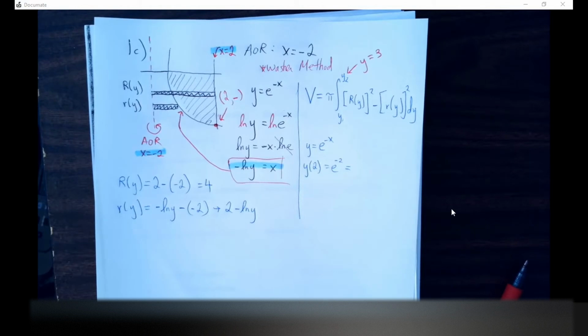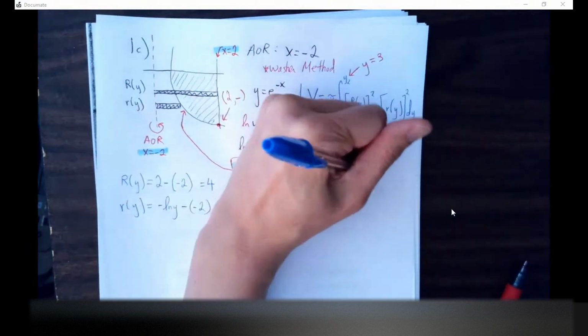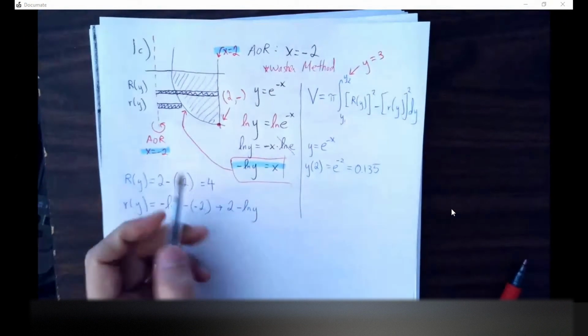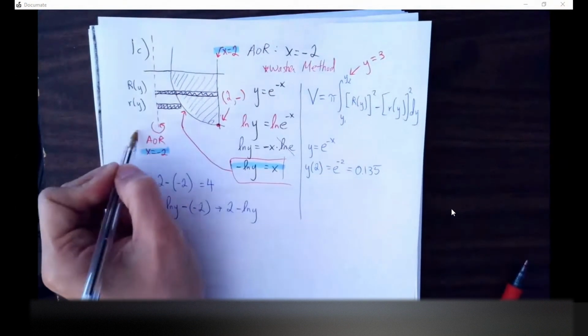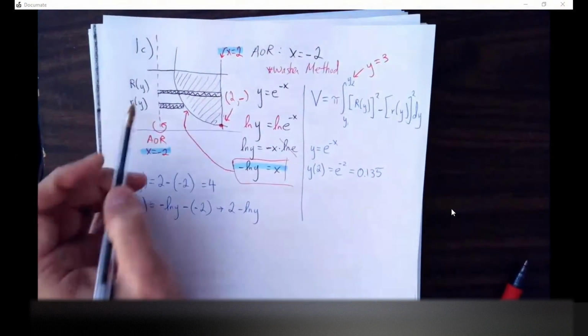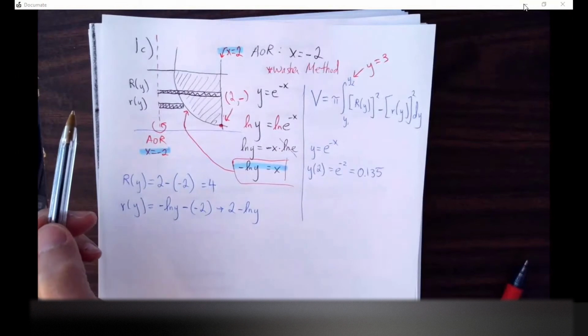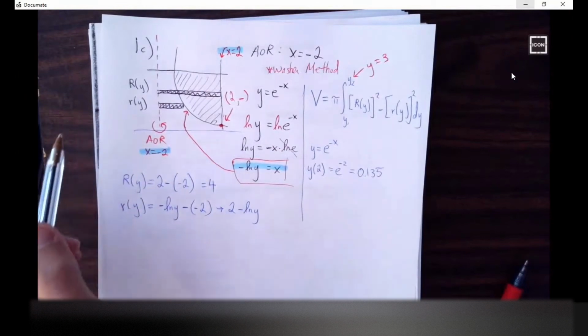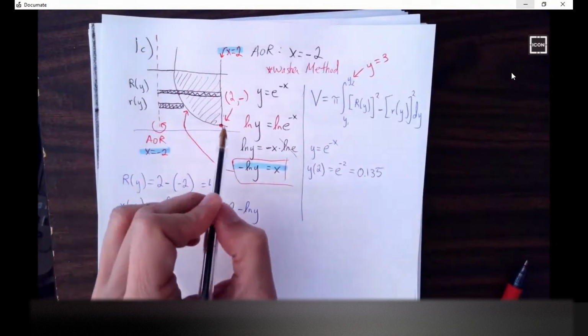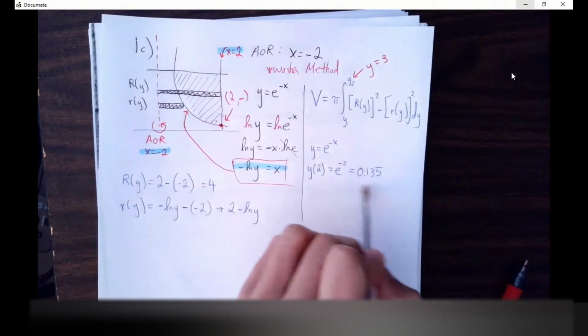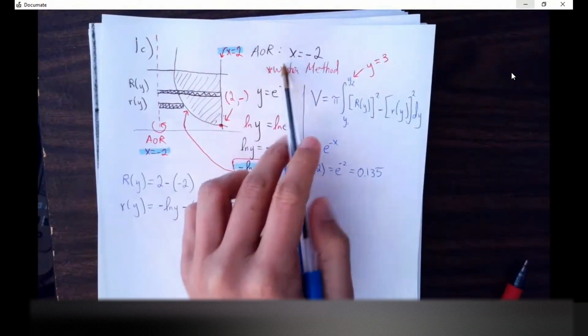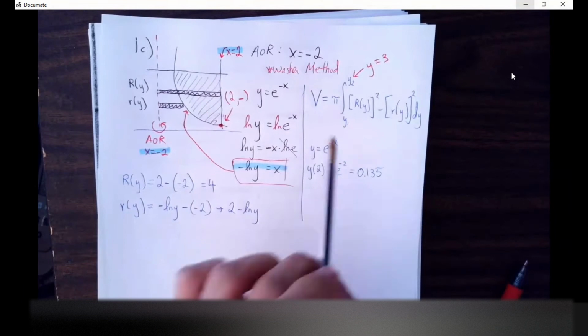Do you guys get 0.135? Yes. Yeah, so it looks like this point is still above the x-axis, right? Still in the positive region. Yeah, so that's an easy way to do it. Just go back to the original equation and just look for ordered pairs.